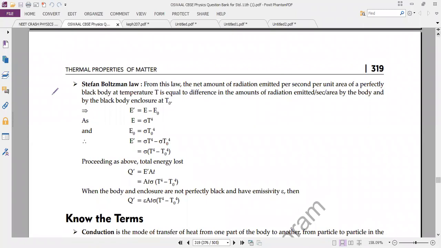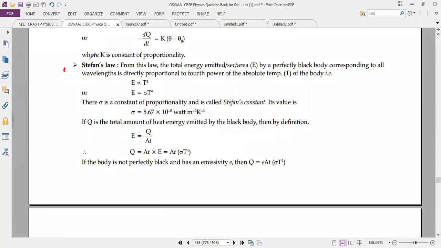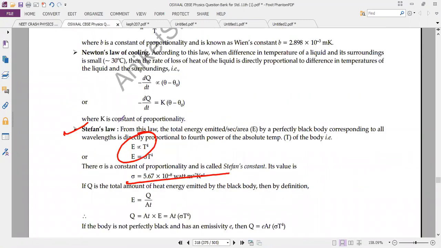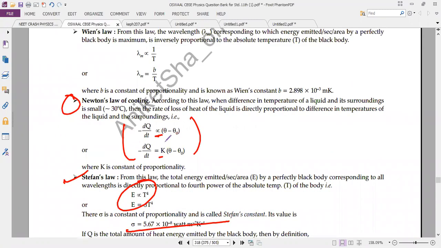Stefan-Boltzmann law. Stefan's law, E directly proportional to T power 4. T means absolute temperature, and the sigma value. Newton's law of cooling, minus dQ by dt directly proportional to theta minus theta naught, and for removing the proportionality they are adding the constant k.